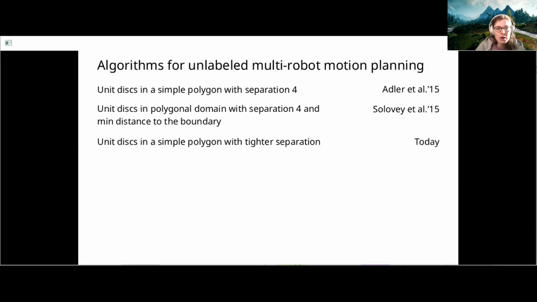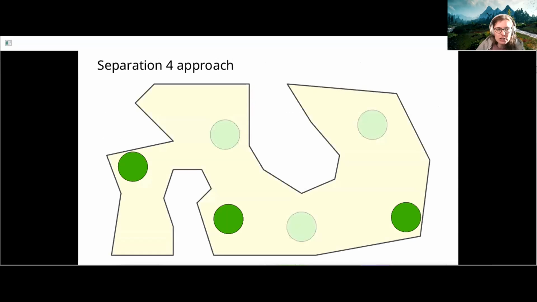So today I'm going to talk about producing an algorithm to reconfigure unit disk robots with tighter separation than just the separation of 4 units. Okay, so the original separation approach, I'm going to quickly go over it just because we're building upon these ideas a lot.